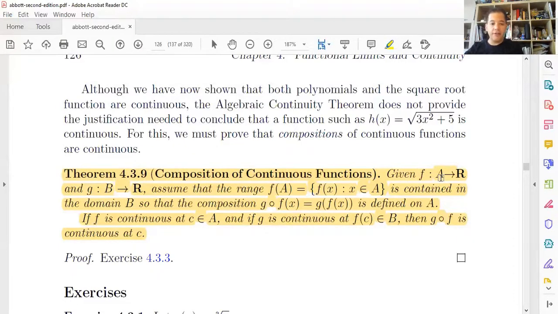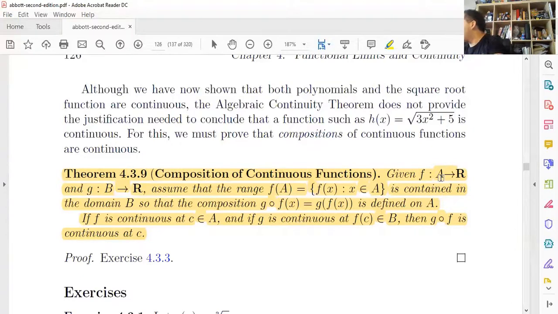This part over here says, if you have two functions, f and g, and f goes from set A to the real numbers, g goes from a set B to the real numbers, and f of A, the range of the function f, is inside the domain B, then the composition will be continuous, assuming both f and g are continuous. That's essentially it. All right, so let me show a little picture of our situation here.